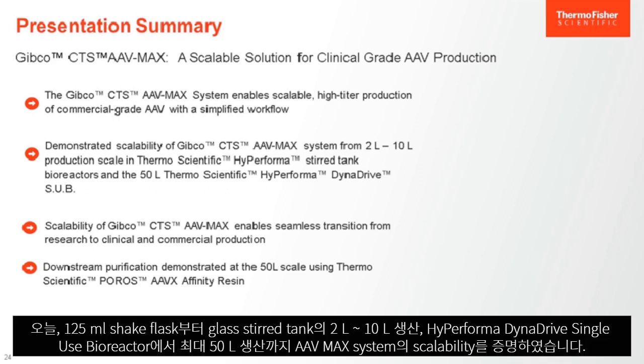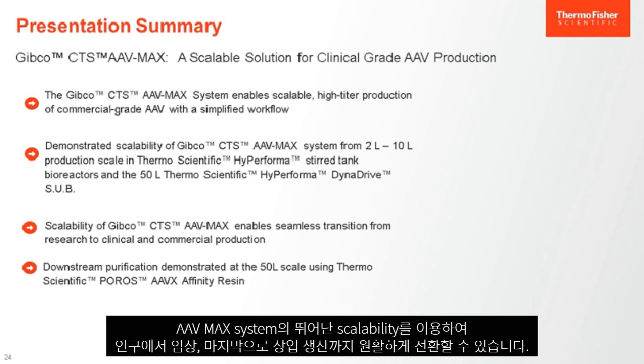Today, we've demonstrated scalability of the AAV-MAX system all the way from 125 ml shake flasks through 2 and 10 liter production runs in glass stir tank bioreactors, and all the way up to a 50 liter production run in our high performance DynaDrive single-use bioreactor. And this excellent scalability of the AAV-MAX system enables a truly seamless transition from research to clinical grade and finally commercial production.